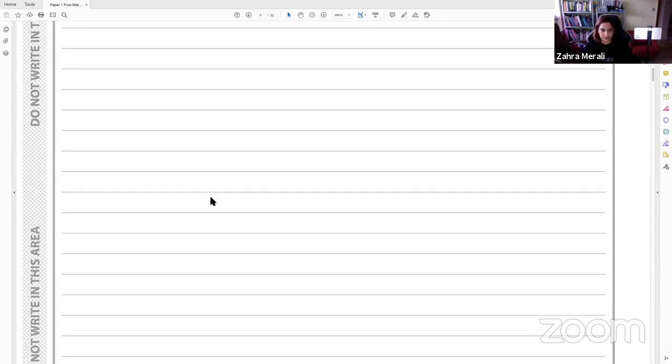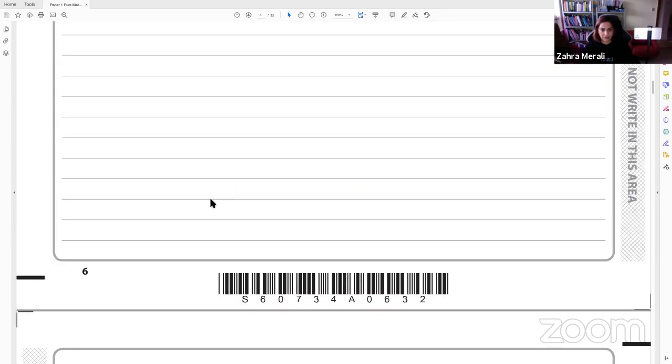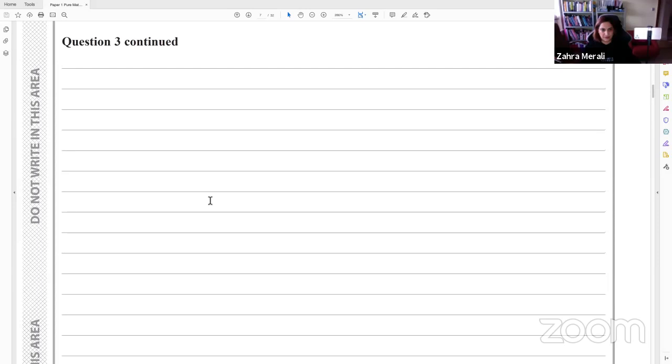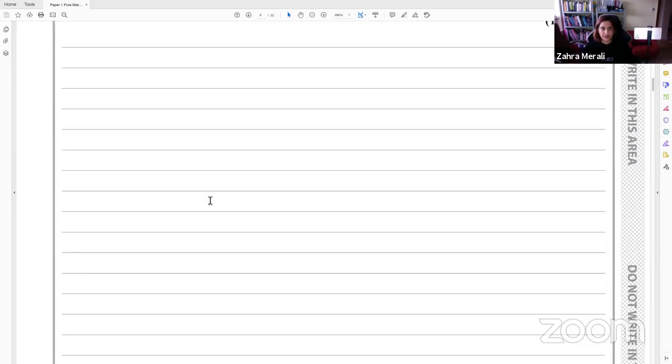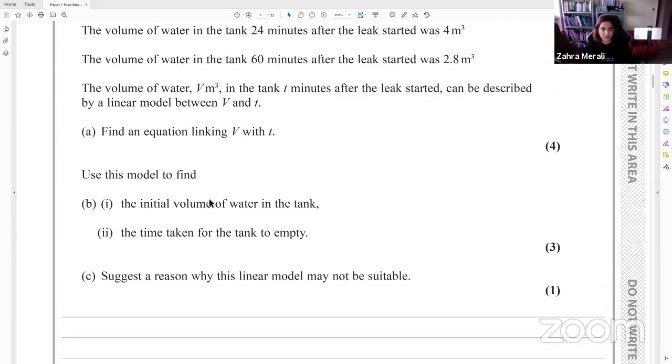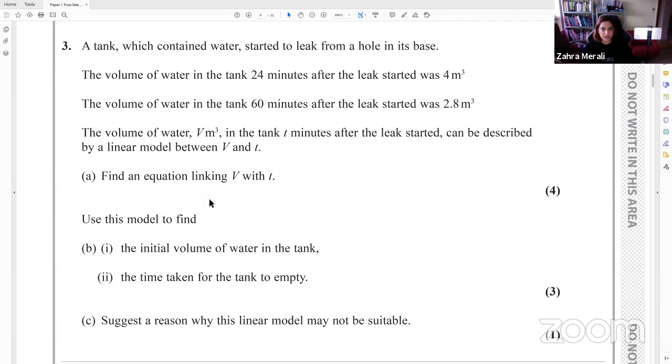Okay, here we go. Question 3. We've got a tank that contains water, which starts to leak from a hole in its base. The volume of water in the tank 24 minutes after the leak started was 4 meters cubed.